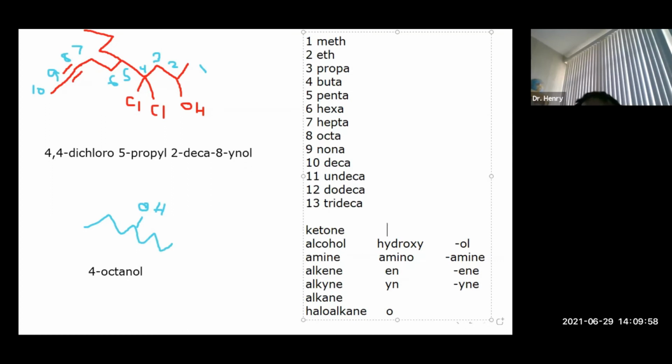So the prefix for ketones is oxo. Yes, ketones have higher priority than alcohols. And the suffix is one.